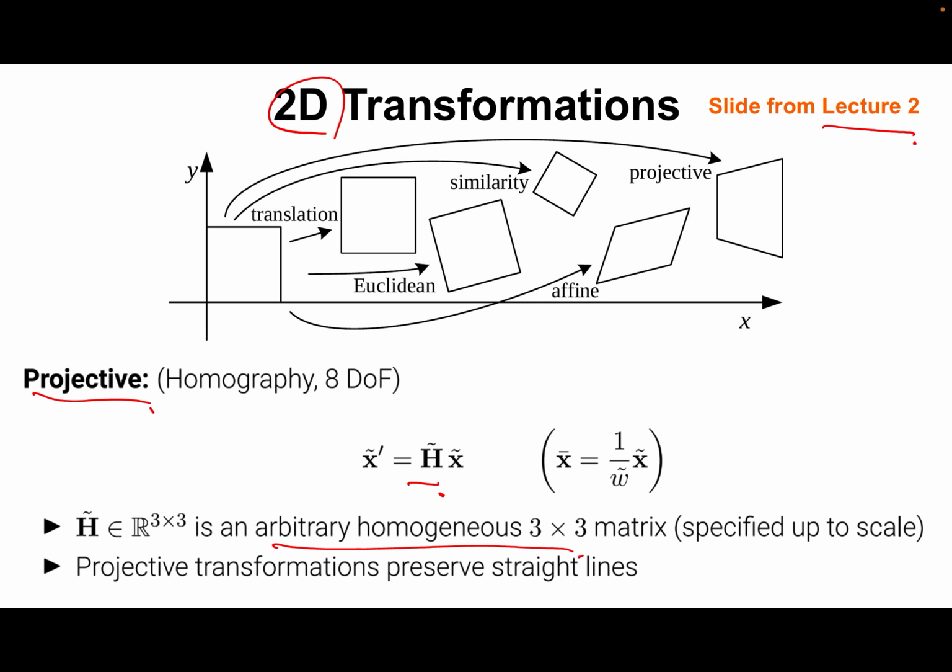And the projective transformation matrix is the most realistic one. It is what we use in the camera pinhole model, in 3D to 2D projection. H is an arbitrary homogeneous 3x3 matrix specified up to scale.